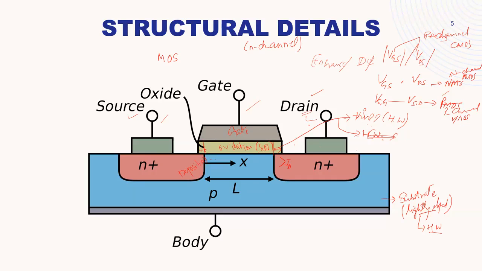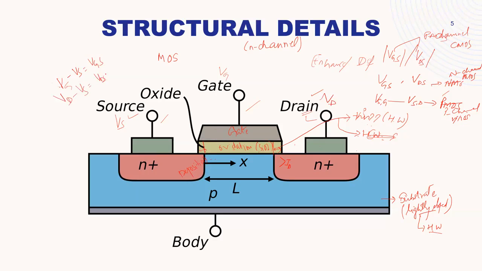But let's take the different voltages, which is VGS and VDS. So VGS is obviously VG minus VS, and VD minus VS becomes your VDS. I mean, the most basic thing you should know.